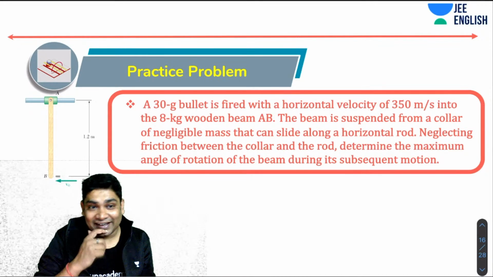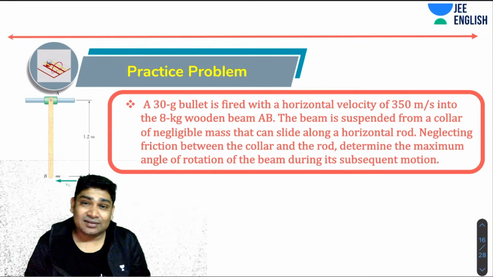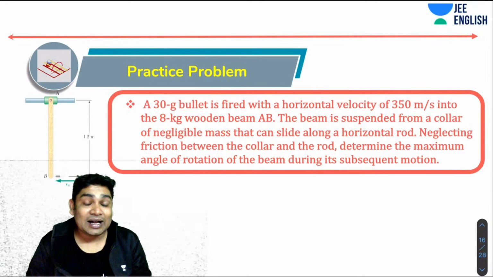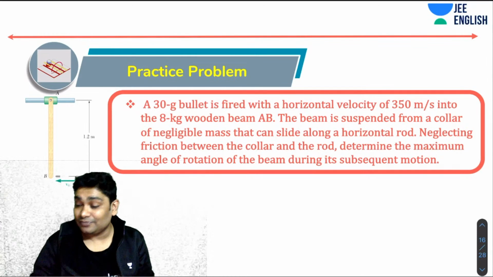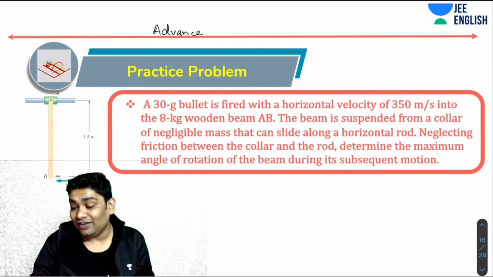This is very tricky. This is supposed to be a very tricky problem. Again, this can come in Advanced also, and this can come in Olympiad also. So I would say this is a good problem for both Advanced and Olympiad. It's a wonderful problem.